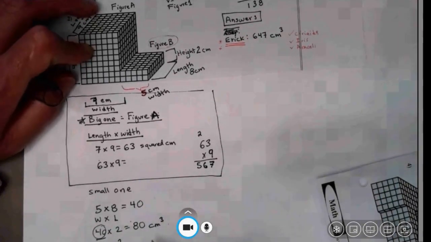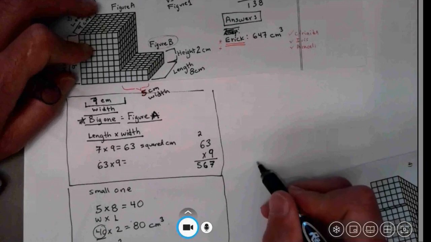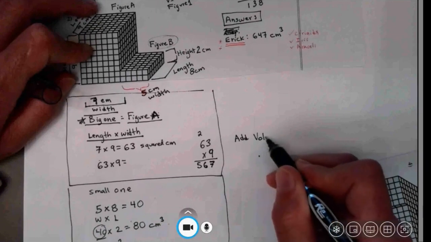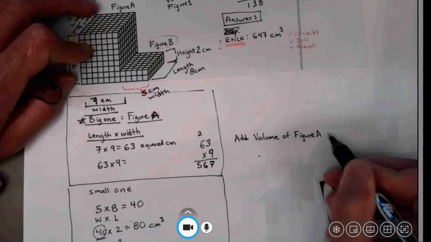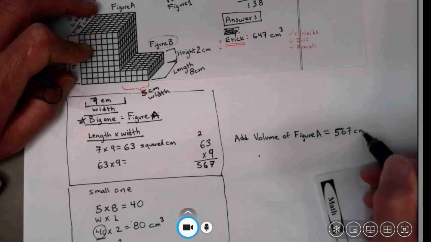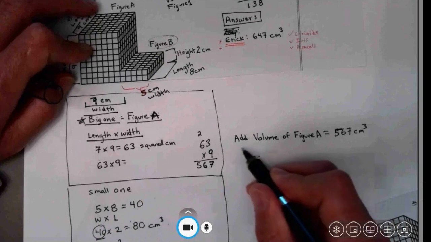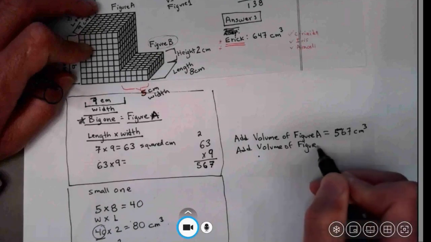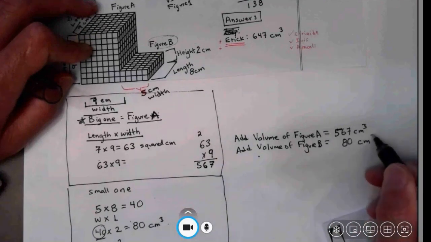Are you sure, Eric? Then what do you do? Then you add it up to 567. Okay, so you added the volume of figure A, which was 567 cubic centimeters, plus the volume of figure B, which equals 80 cubic centimeters.